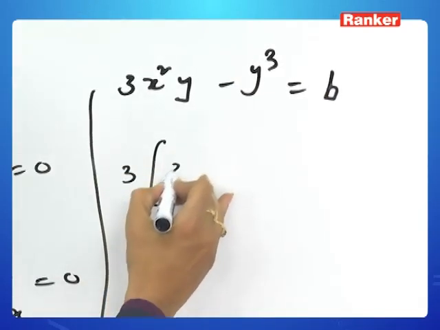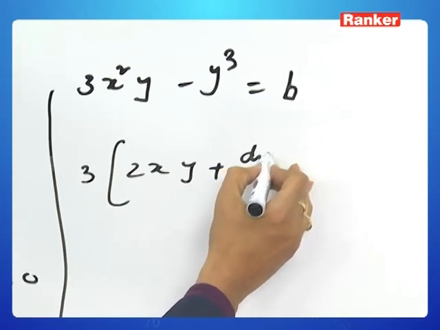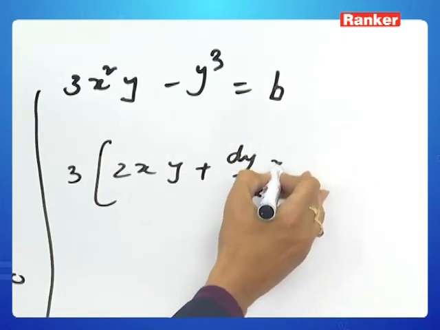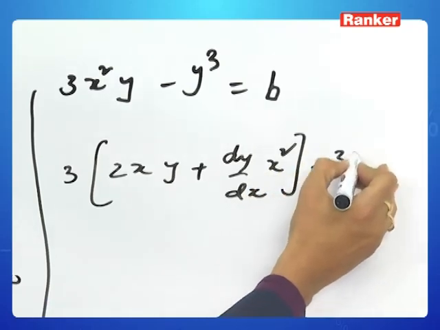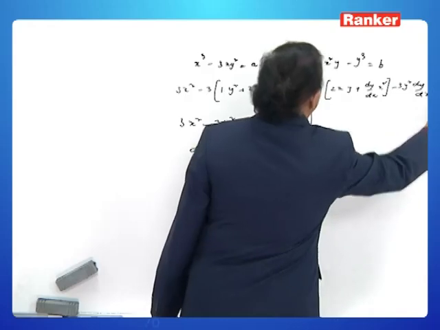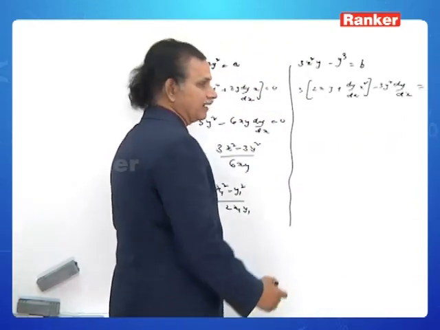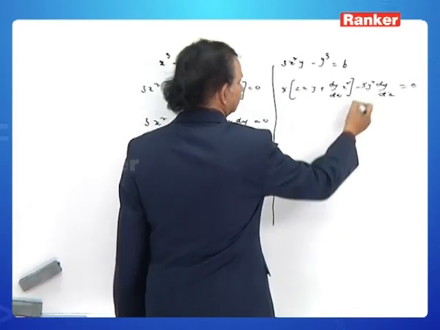3 into 2x into y plus dy by dx into x square minus 3y square dy by dx is equal to 0. So that you can cancel 3 on both sides.